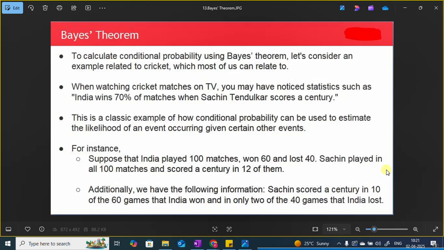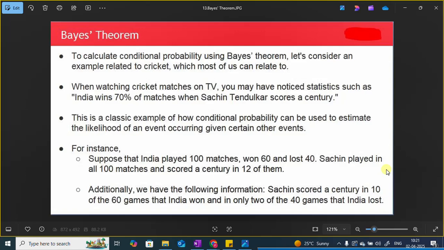Okay. So what is Bayes theorem? To calculate conditional probability using Bayes theorem, let's consider an example related to cricket, which most of us can relate to. When watching a cricket match on TV, you may have noticed statistics such as, let's say, India wins 70% of matches when Sachin Tendulkar scores a century. You might have seen, right?